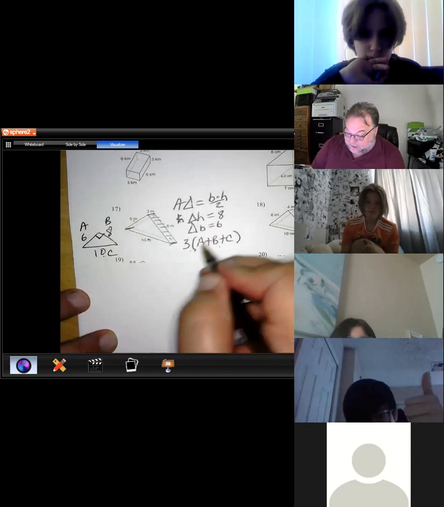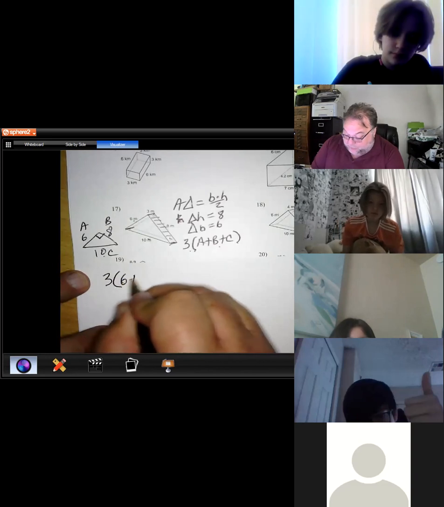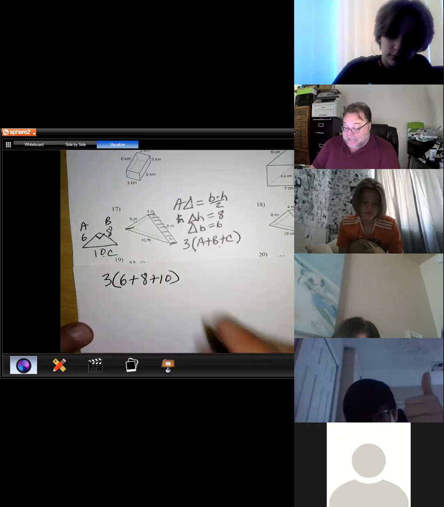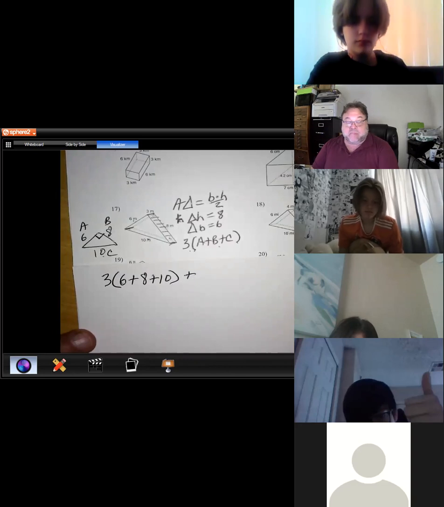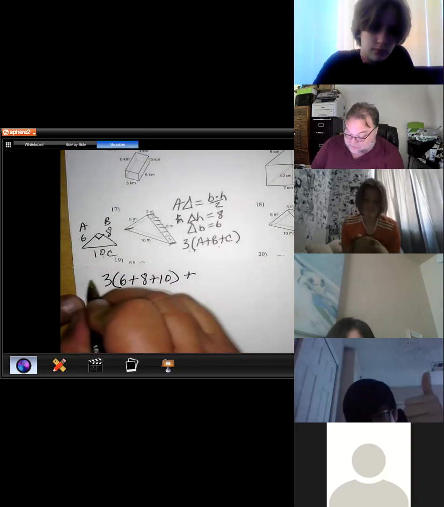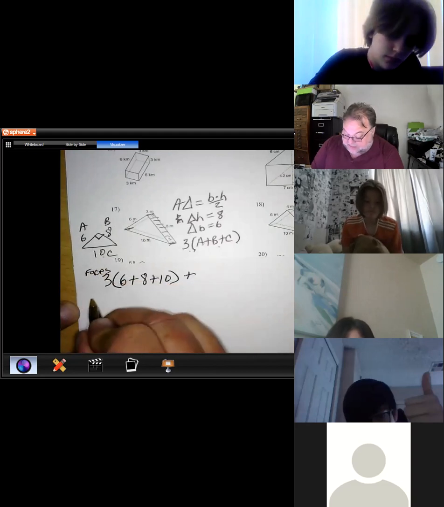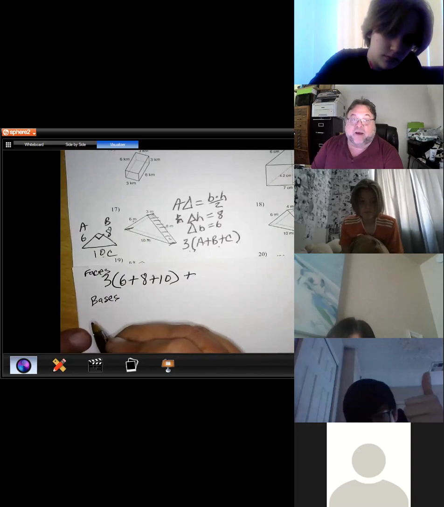So first of all, I'm going to bring these rectangles down, and I'm going to put in the real numbers for A, B, and C. Okay. And I'm going to have to add these to the areas of the triangles, right? Now, so these are the faces and the bases. Faces and bases. I just made that up. Oh, yeah, I know. I've got issues.